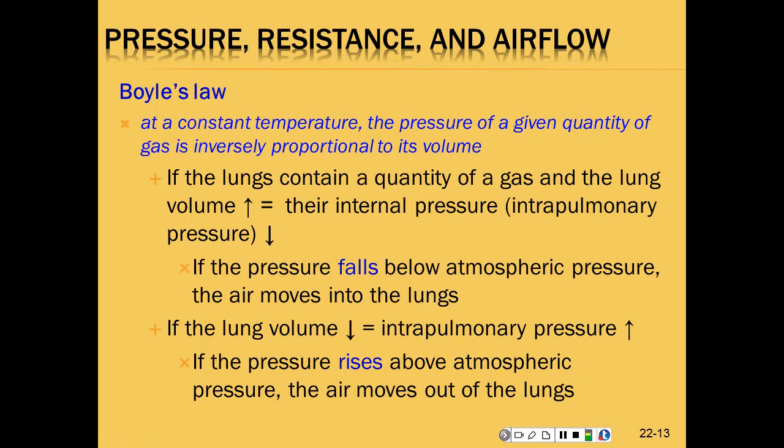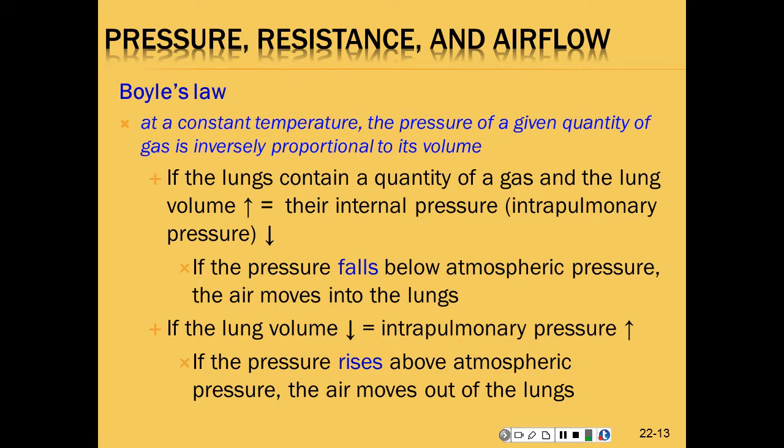So that explains Boyle's law. If volume increases, internal pressure is going to do what? It's going to drop. Now, if the intrapulmonary pressure drops lower than the atmospheric pressure, which is 1 atmosphere or 760 millimeters of mercury, then the air flows down its pressure gradient into the lungs.